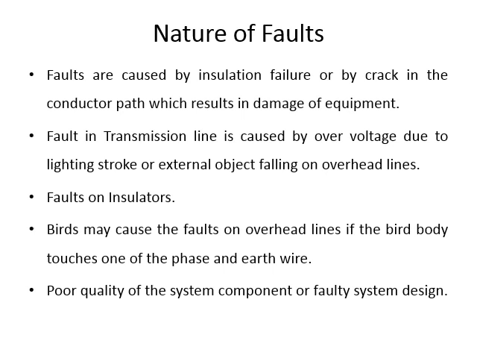Certain faults occur due to the poor quality of the system component. Hence, faults can be reduced by improving the system design and providing good quality protective systems for better operation and maintenance.